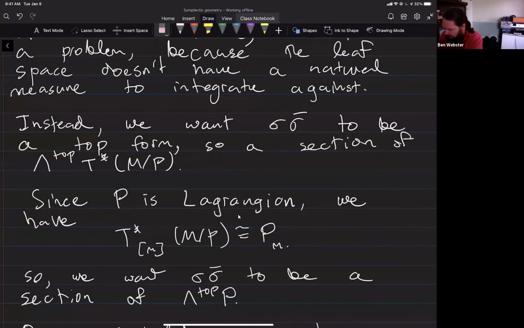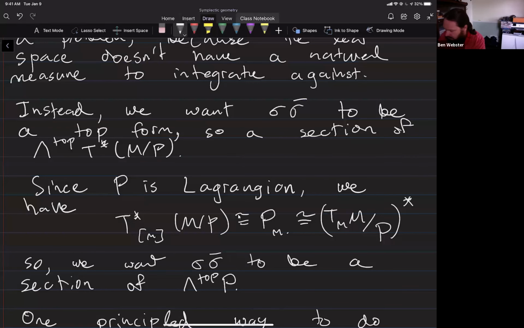So the symplectic form gives me an isomorphism from P_m to the tangent space at m divided by P, dual. So this is something that you always have with a Lagrangian subspace. You have an isomorphism to the dual of the quotient. And I can interpret that as the cotangent space to the leaf manifold.